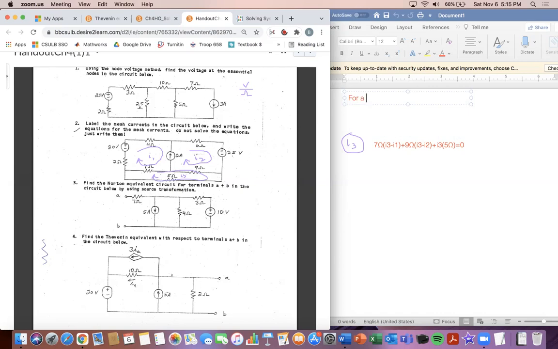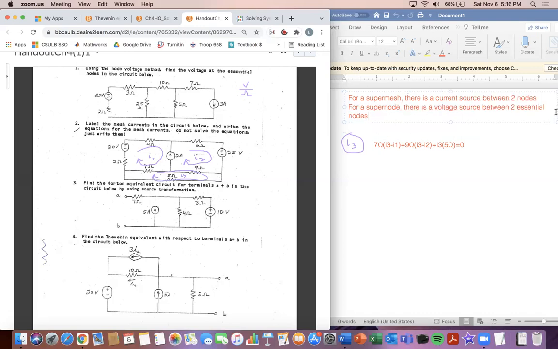For a super mesh, there is a current source between two meshes, but for a super node, there is a voltage source between two essential nodes.